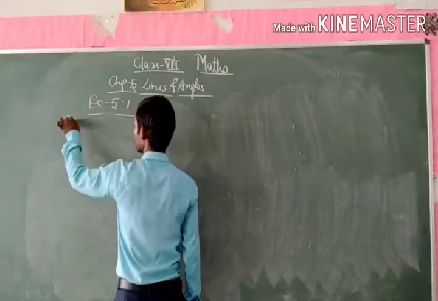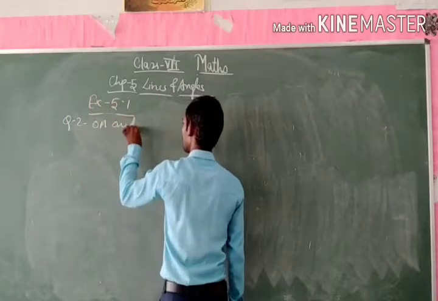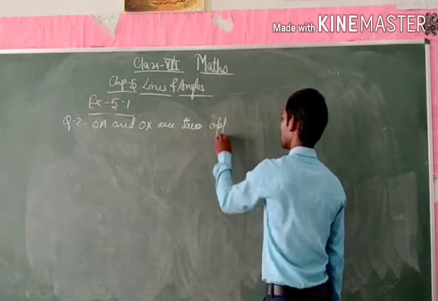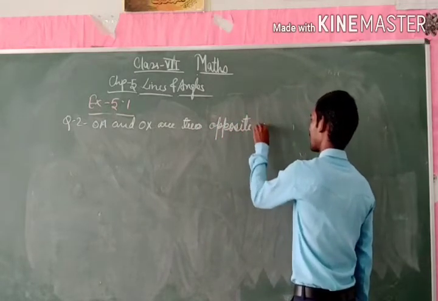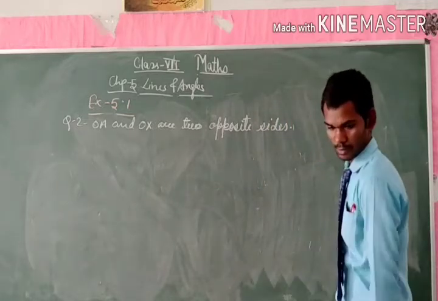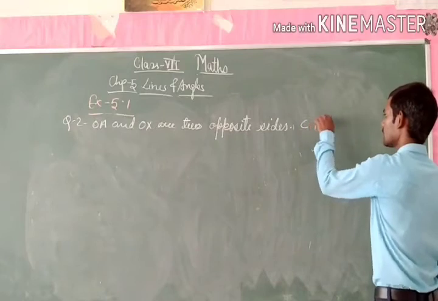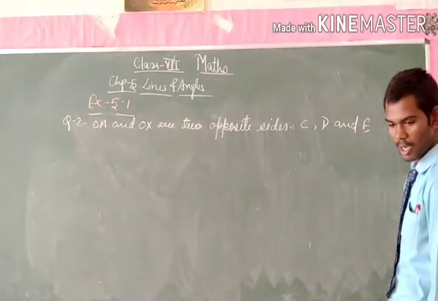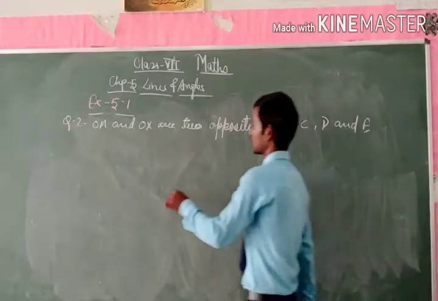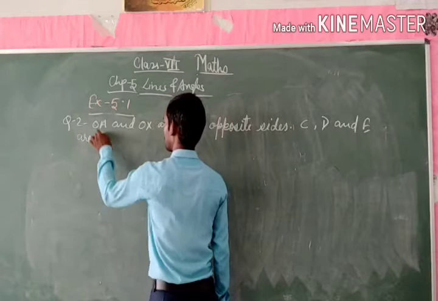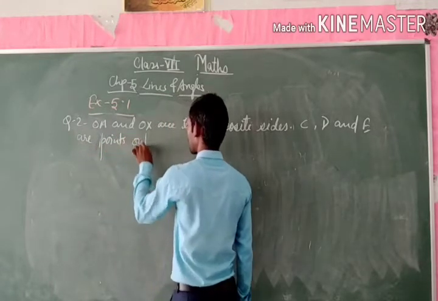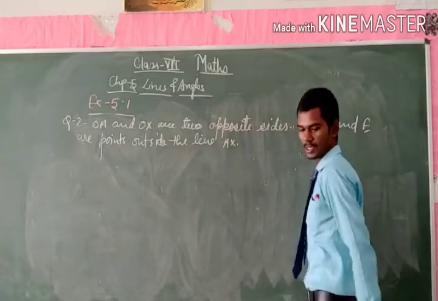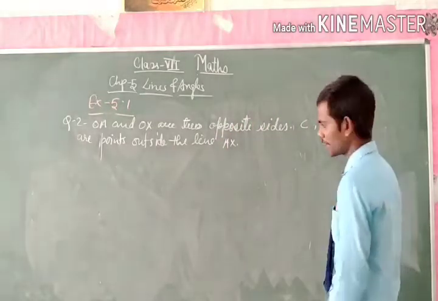Question number 2. OA and OX are two opposite rays. C, D and E are points outside the line AX, and on the same side.